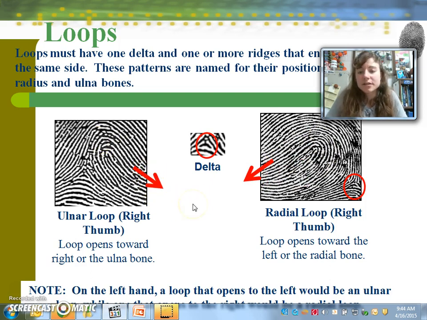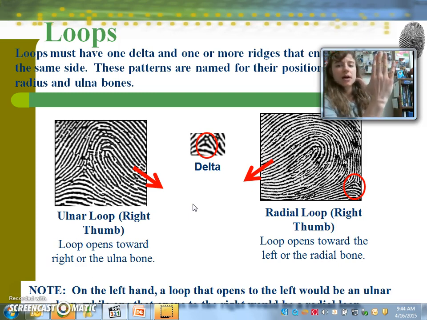One of the other ways to classify loops is radial and ulnar. You'll remember that when you go to shake someone's hand, your radius is on the top, your ulna is on the bottom. So this is your radius, this is your ulna. Now, think about putting my hand down on paper. This is my right hand, I'm putting it down on paper.